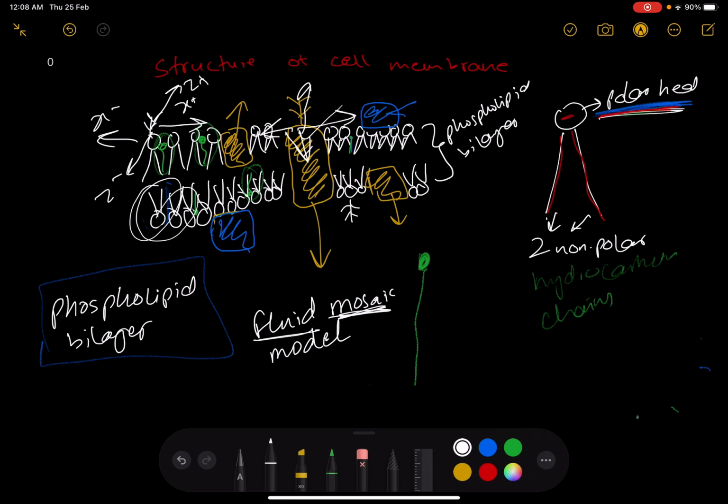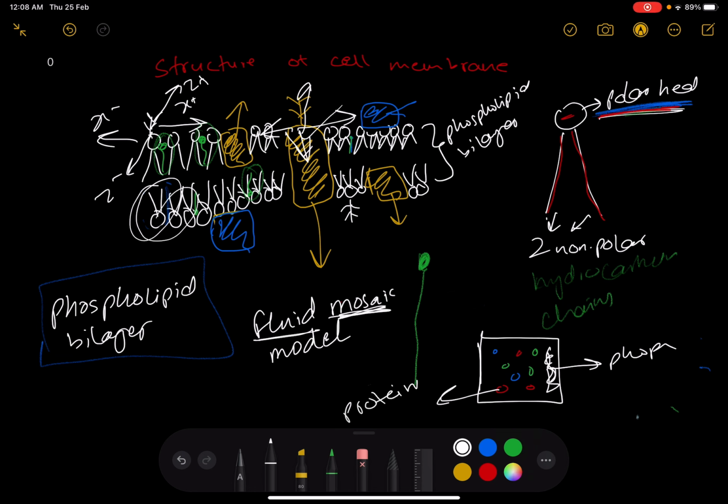If you've ever seen a mosaic tile, different stones are embedded on the tile, and you can think of this whole canvas as the phospholipid, whereas these different dots are proteins. So that's where the word mosaic comes from. It's because these proteins are randomly embedded in the cell membrane.